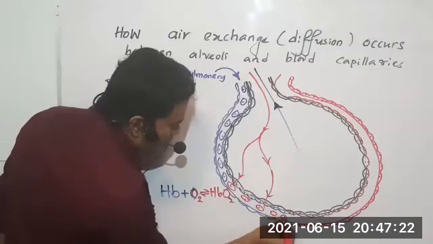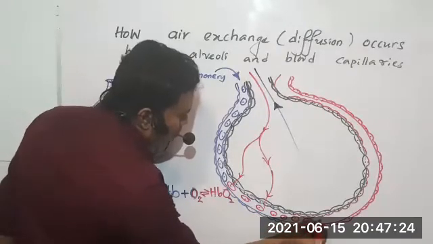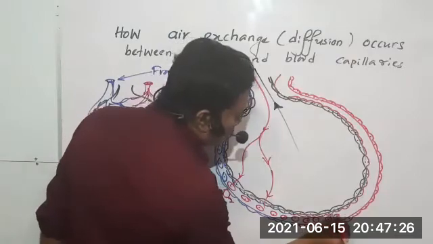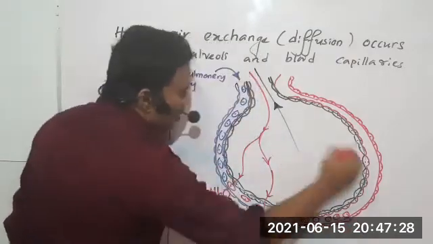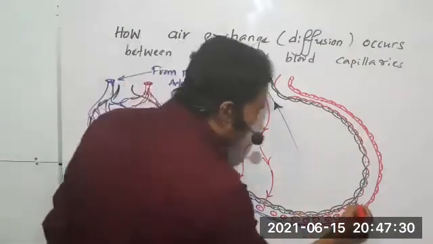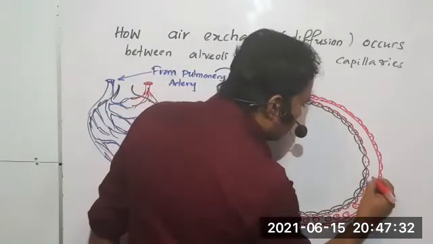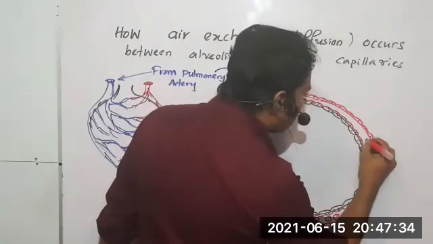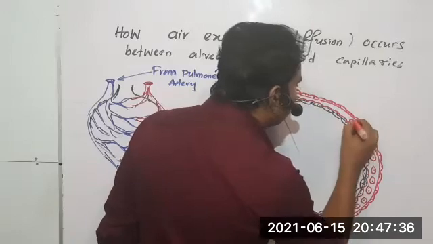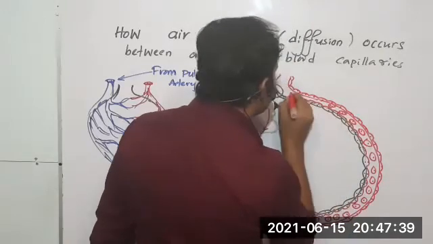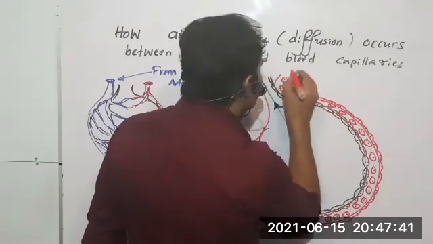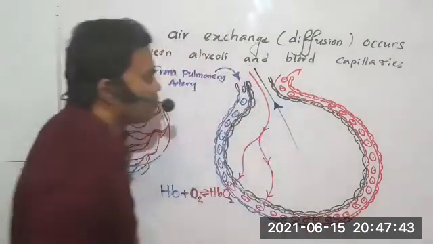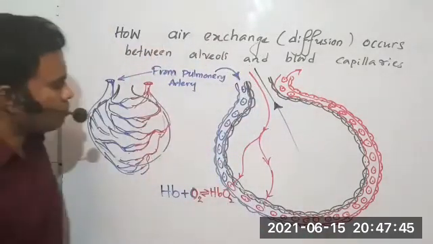Then look at this, it gets oxygenated. So this erythrocyte brings oxygenated blood. Oxygenation.